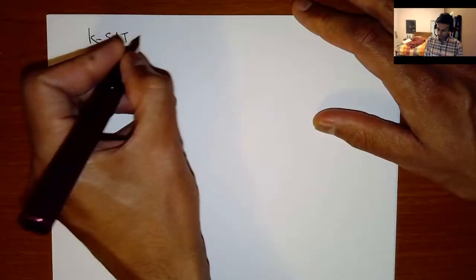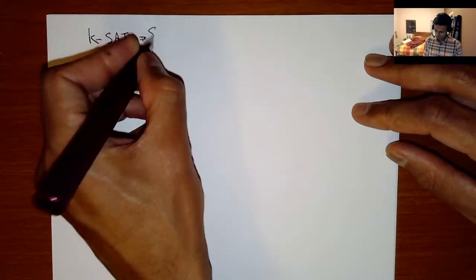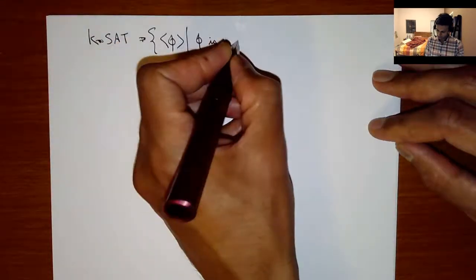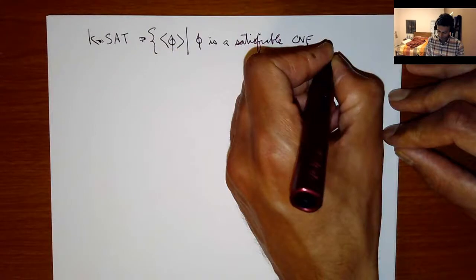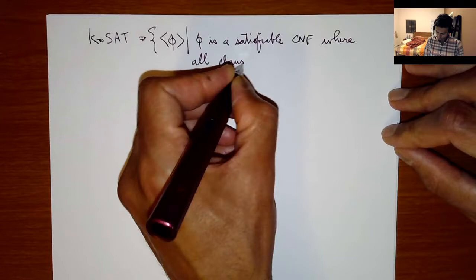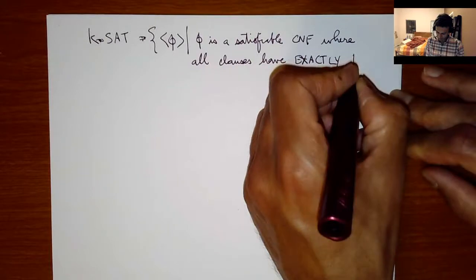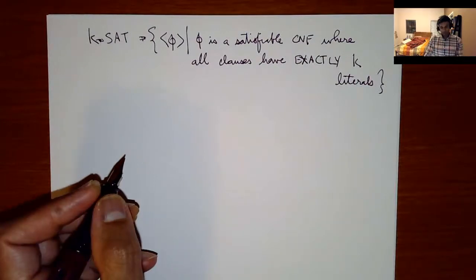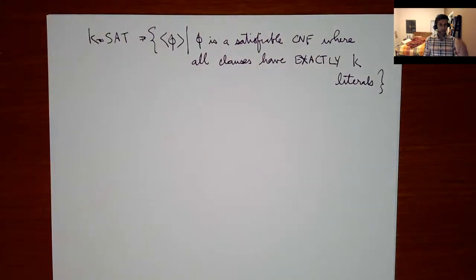So KSAT is the language, well, sometimes there's no dash over there, it's all C. So C is a satisfiable CNF where all clauses have exactly K literals. So this is KSAT. In CNF SAT, there's no bound on the number of literals in each clause.